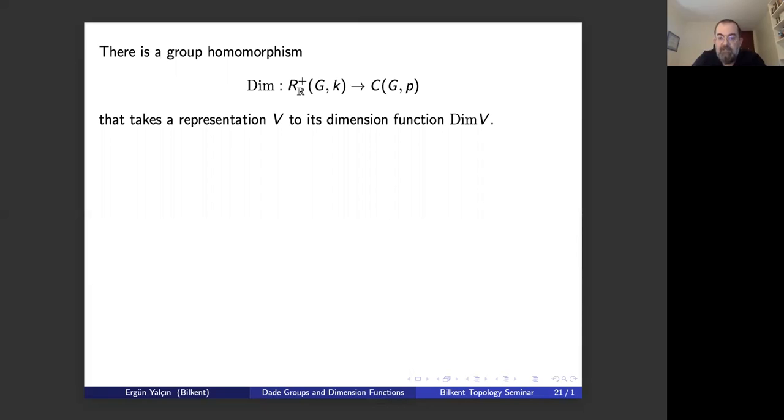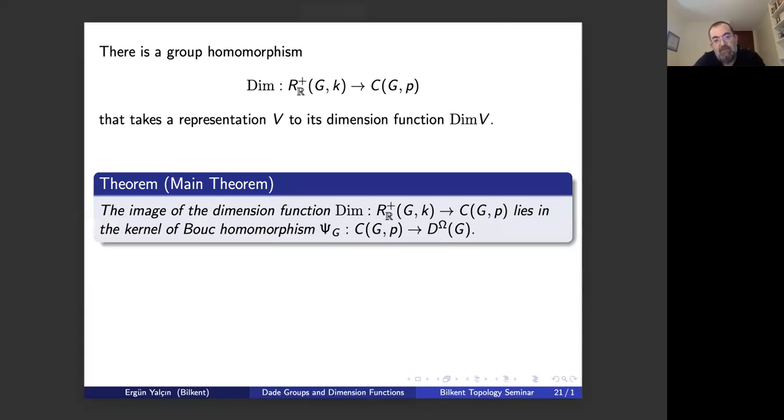Now the conjecture or the claim is that the image of this dimension homomorphism is equal to the kernel of the Bouc homomorphism, the kernel of the map to D omega. The equality is open for P odd. We prove one direction, that the image of dimension functions is inside the kernel. But we cannot show that everything in the kernel comes from a dimension function. So the other direction is what's open.